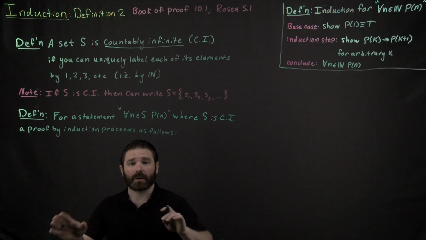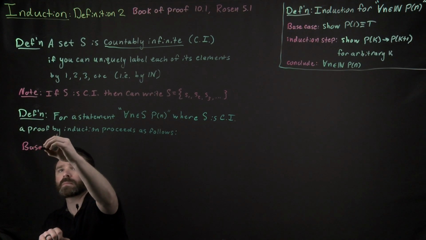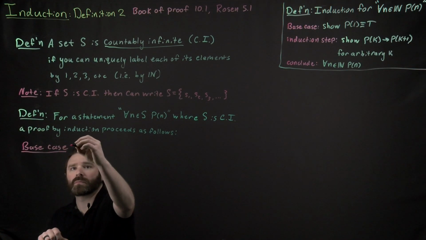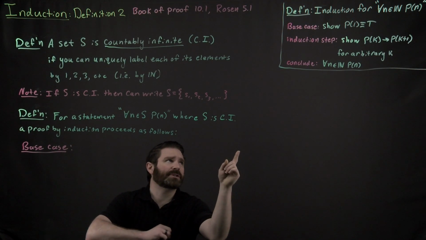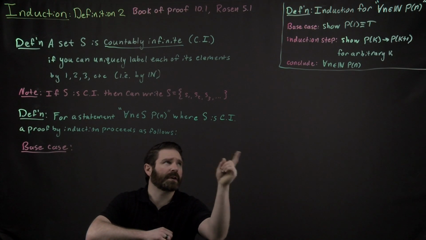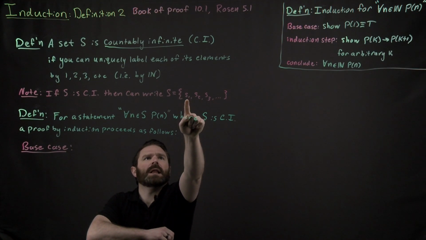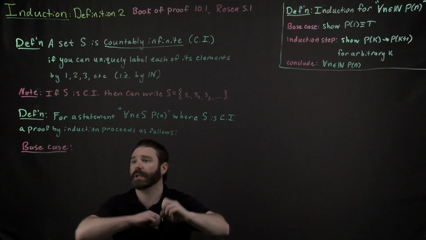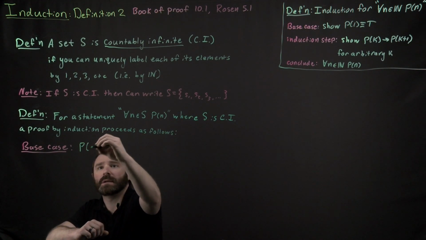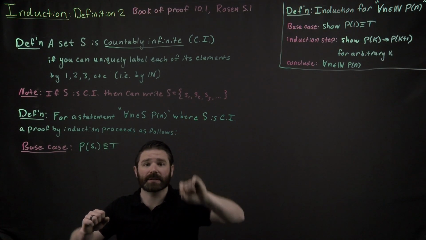So we still have our base case. And here for our base case, since we're not talking about the natural numbers, the very first one is not 1, but the very first one is the one that has the label 1. So for the base case, what we need to do is show that P of S1 is true right here.